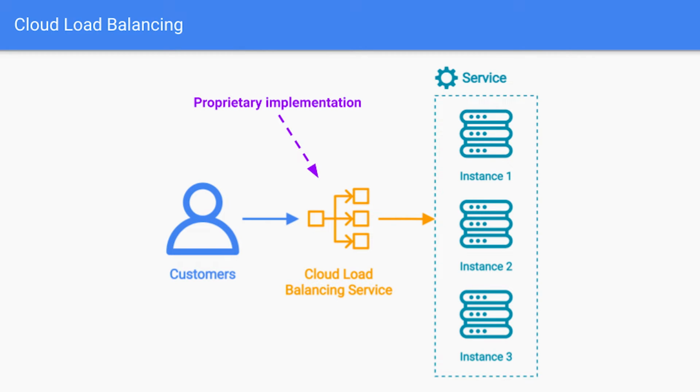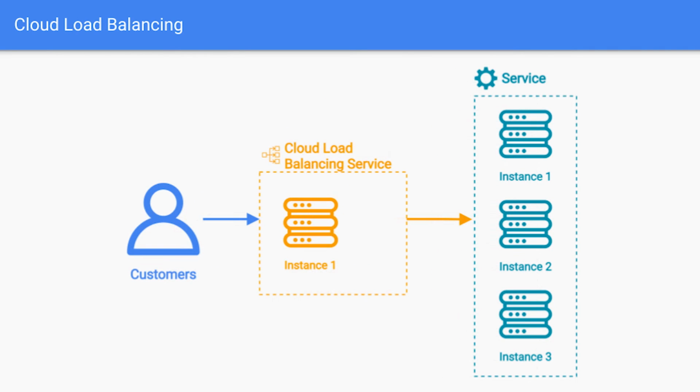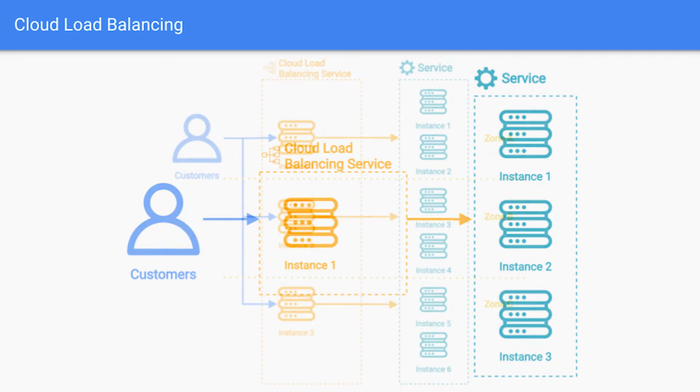The implementation details of the cloud load balancing service are hidden from us and are considered proprietary technology. Internally, they may start with a single load balancer instance that takes all the incoming requests from the client, and based on a configurable algorithm, routes those requests to a group of our servers.